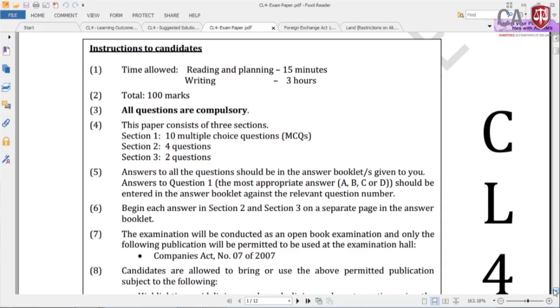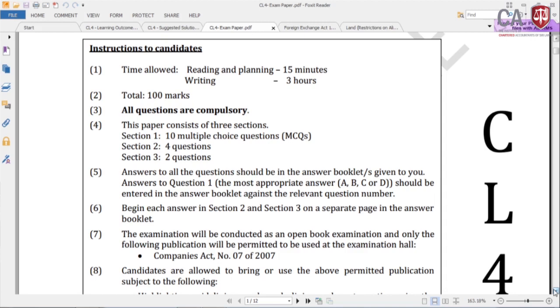And I would suggest that when you get a paper, read it for the first time very clearly, just reading only, that is the first reading. Then in the second reading, you must read again from top to bottom and identify the more convenient questions for you to answer first, and mark them 1, 2, 3 like that.